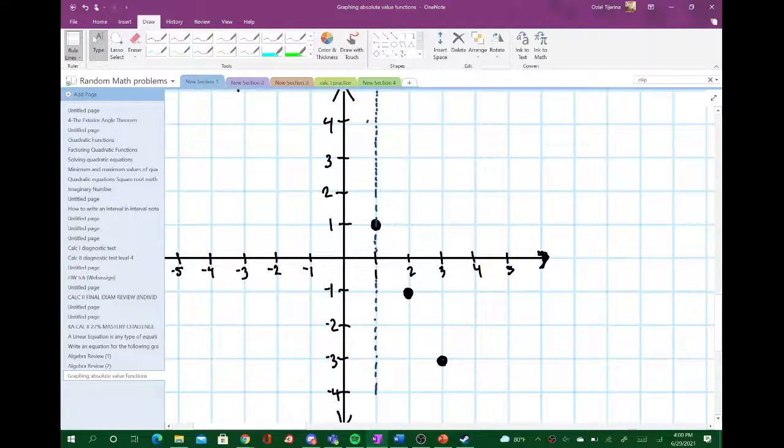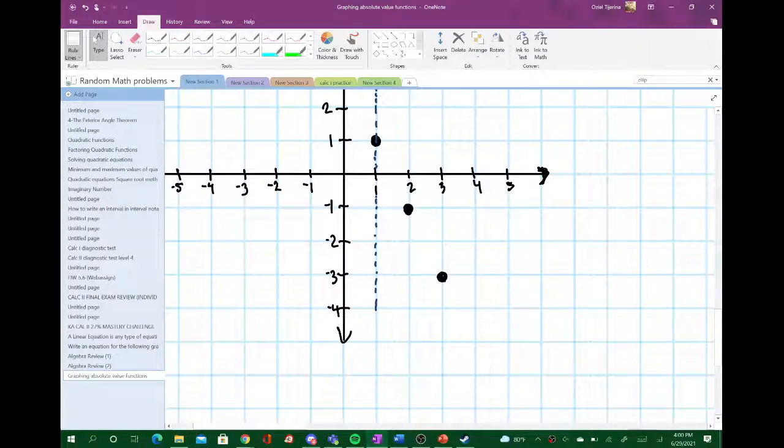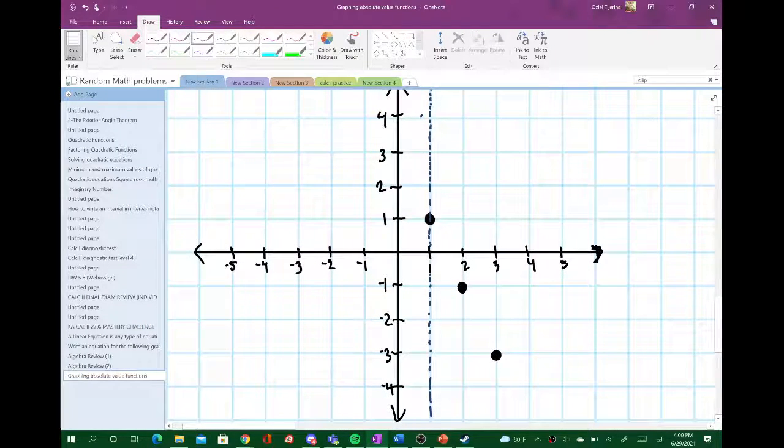Now because this is our axis of symmetry at x equals 1, we have to reflect these other 2 points, 2, -1 and 3, -3. So we're going to go left 1, and then another 1 unit again, right here.